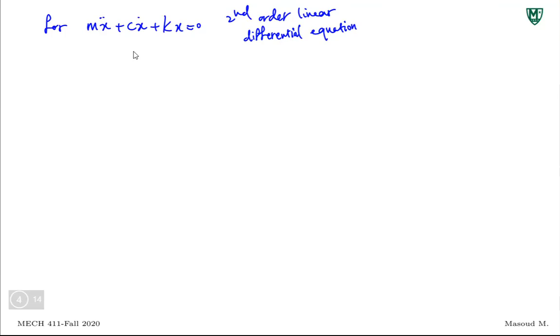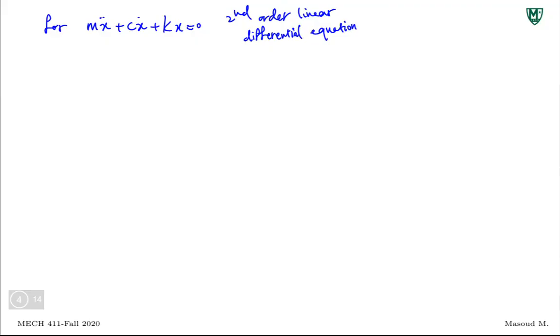I'm going to talk about the characteristic equation. Remember, when we were solving this, we were finding the characteristic equation for a second order differential equation, and depending on the roots of that characteristic equation, we could come up with the general form of the solution.